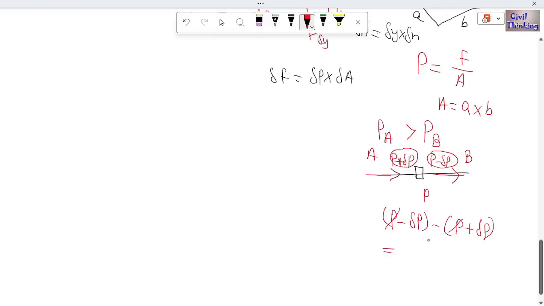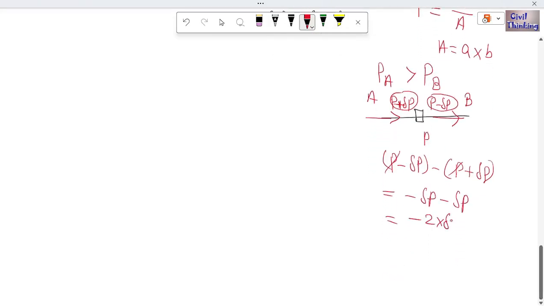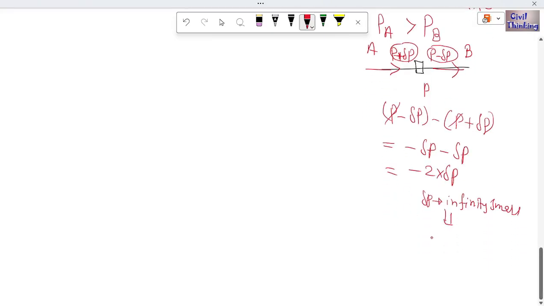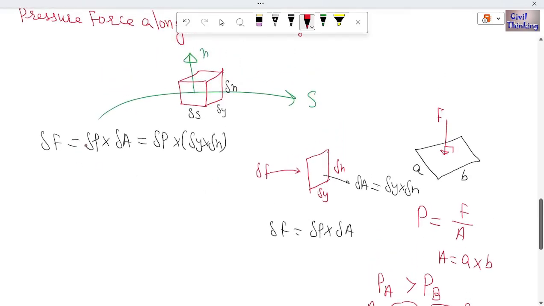P and P will cancel out, so it is minus delta P minus delta P, which is minus 2 times delta P. But since delta P is infinitely small, we can write 2 times delta P approximately as delta P. So this minus 2 times delta P is going to be negative delta P. So we have this negative pressure.